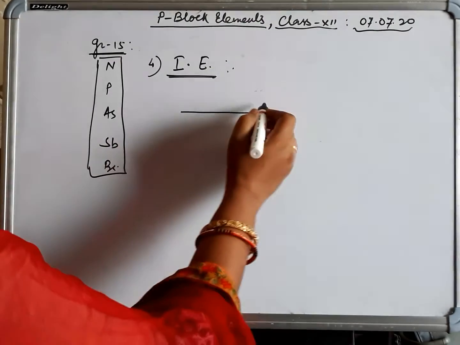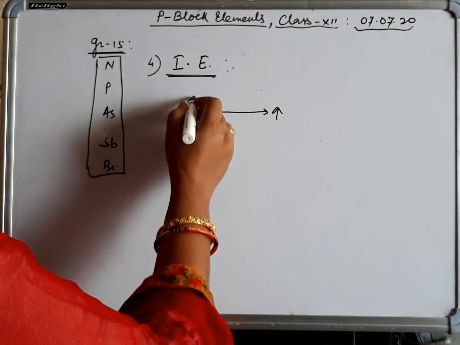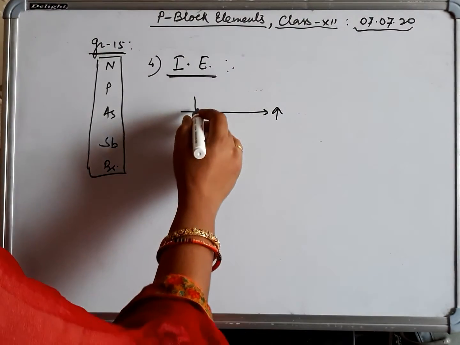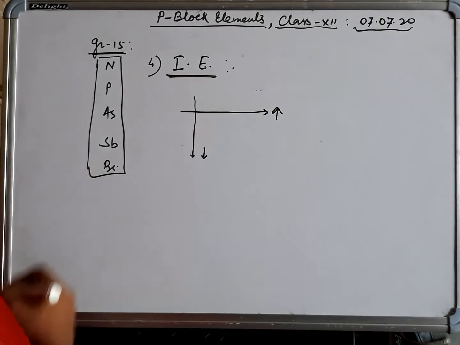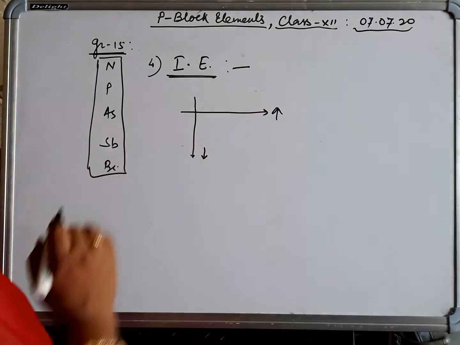So what will be the trend of ionization enthalpy in group 15? The general trend is that when we move left to right in a period, the size of the atom decreases, so ionization enthalpy increases. When we move top to bottom in a group, the size of the atom increases, so ionization enthalpy decreases.